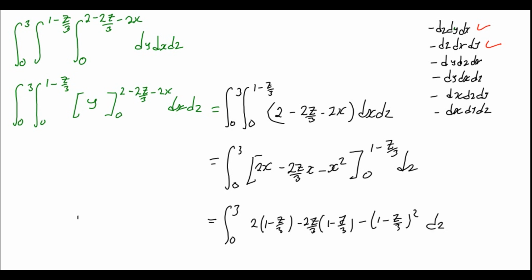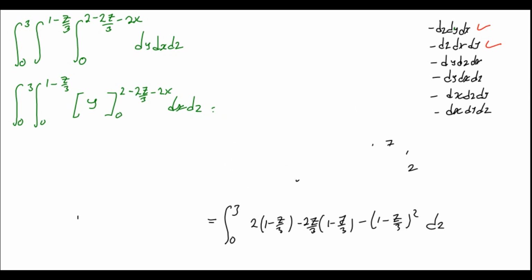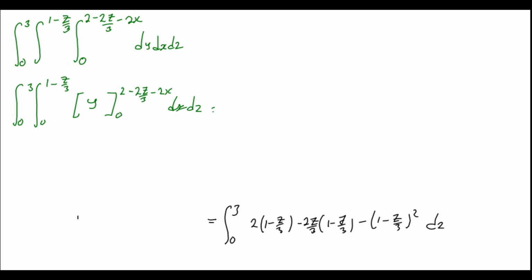Then you put dz there like that. So let's do the expansion. From 0 to 3, here I think I can have 2 minus 2z over 3.